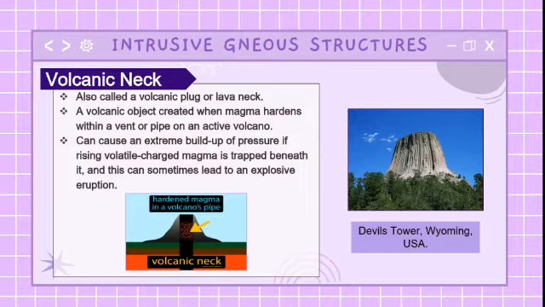When present, a plug can cause an extreme buildup of pressure if rising volatile-charged magma is trapped beneath it, and this can sometimes lead to an explosive eruption. So, dili siya, kanang mga magma, kana siya dili. Another example is Devil's Tower in Wyoming, USA.